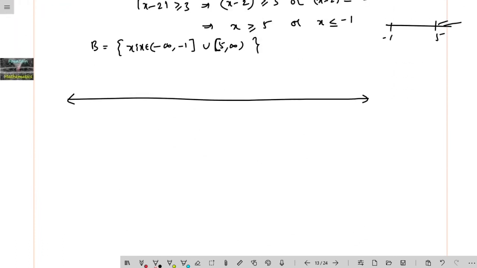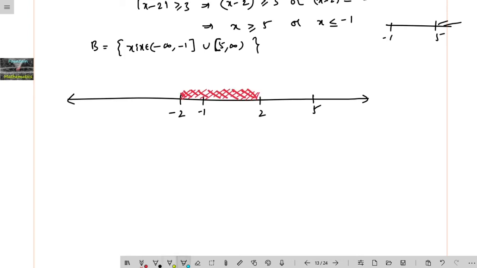So let me write minus 2 to plus 2 here. And coming to the set B, we had above 5 and below minus 1. So let me use a different color so you can identify. So minus 2 to plus 2 is your set A. Your red color is your set A.